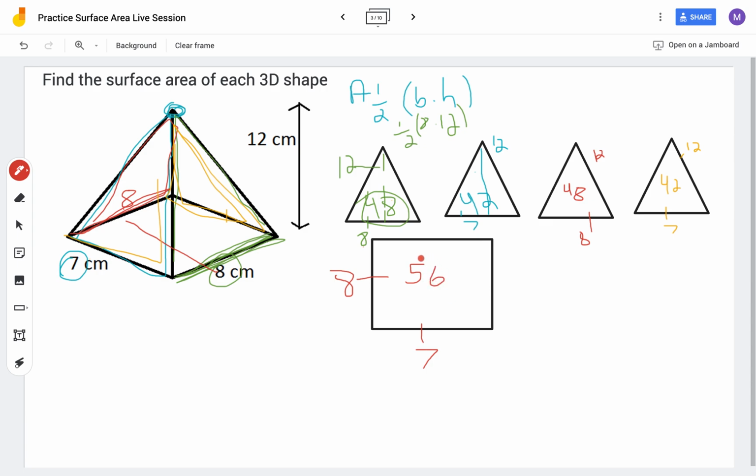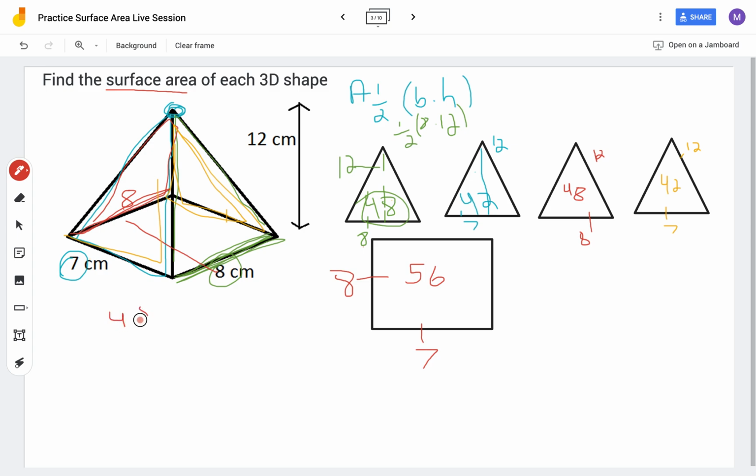So now we have the area of each of our faces of our shape. Now what we have to do is add them up to find the surface area, because we need to find what all the area of each shape is all together. So if you all would add that up.